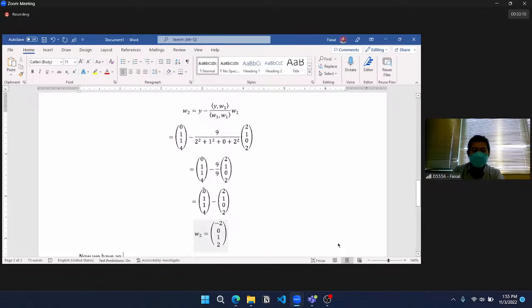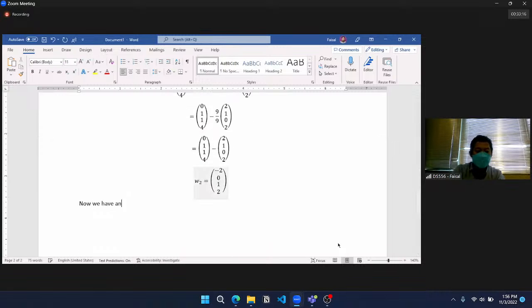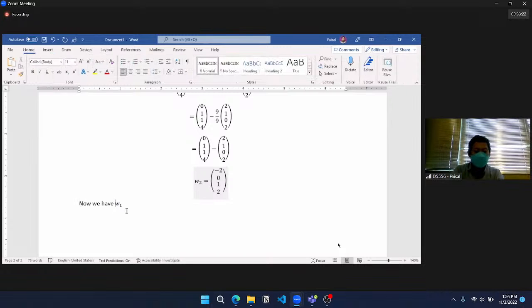W1 and W2 are mutually orthogonal, which means the dot product of W1 and W2 is equal to 0.